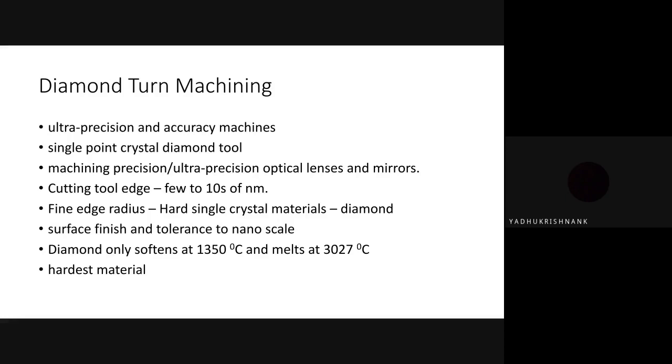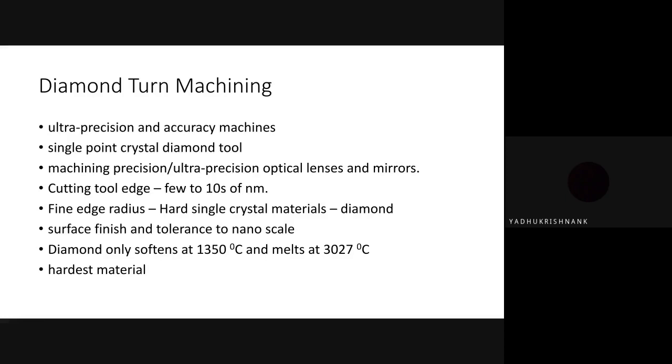It uses ultra precision and accuracy machines like lathe machines, using a single point crystal diamond tool for turning. So the turning operation using this particular mode is termed diamond turn machining.